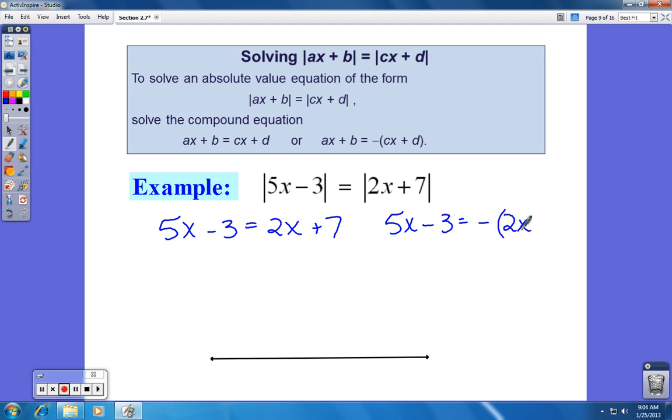So that's going to give us a negative here in the front plus 7. What this does in the second equation is it just changes the sign of both terms, because we will end up distributing that negative. At this point, use your steps to solving an equation to solve for x.